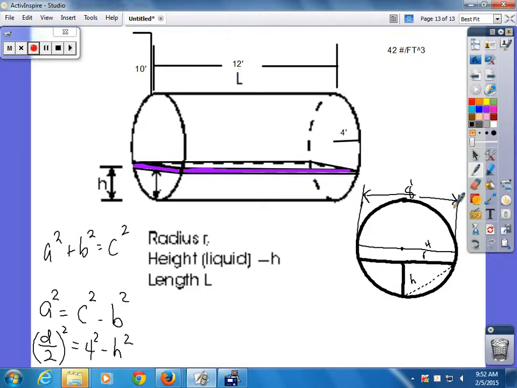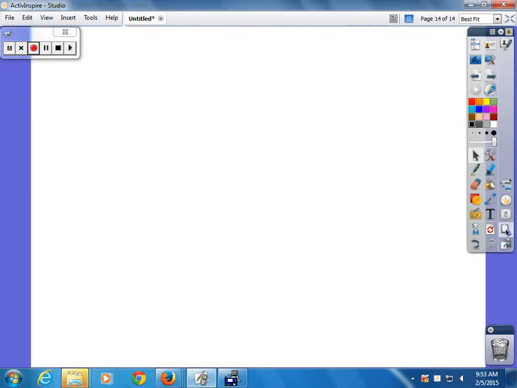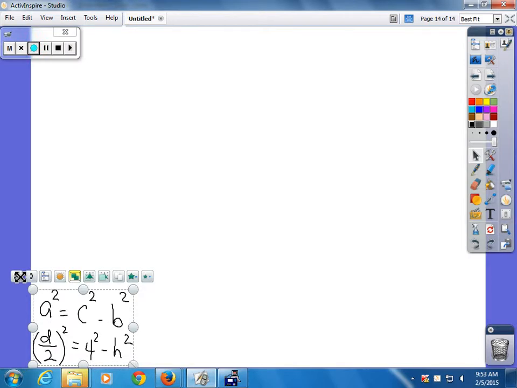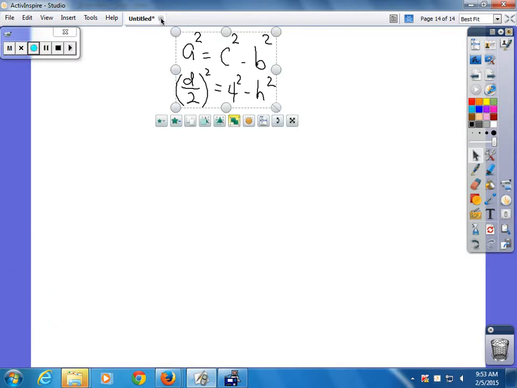So solve it for D. Not W, I'm sorry, D. Let's take that over here and solve it for D. So how do you undo a square?